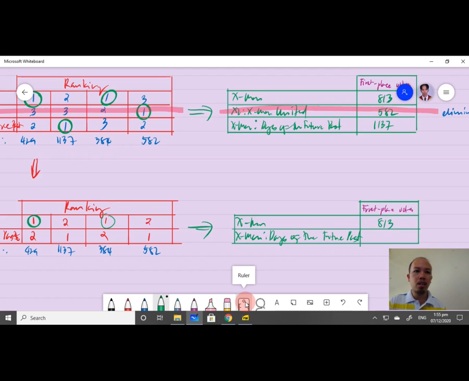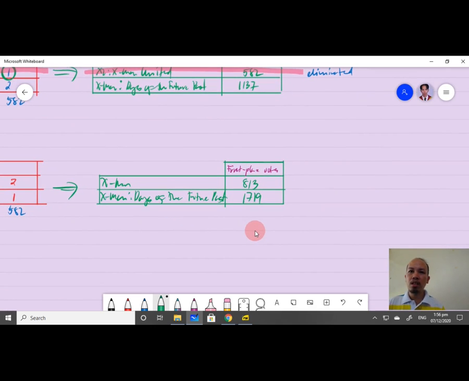And this one here, we have 1137 and 582. 1137 plus 582, the answer is 1719. So from here, the winner, this one here, is the winner.